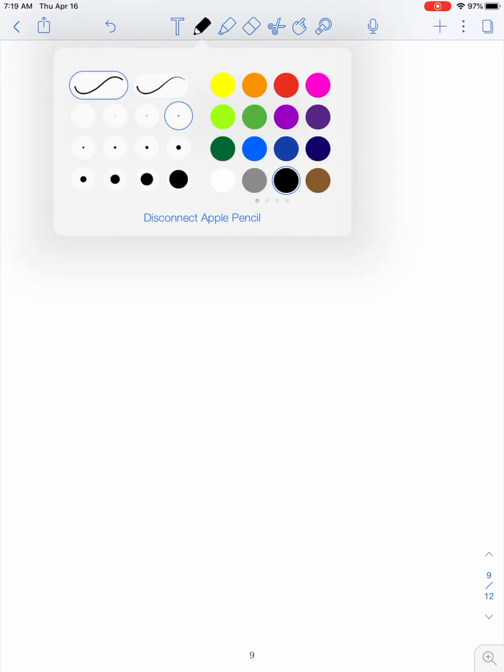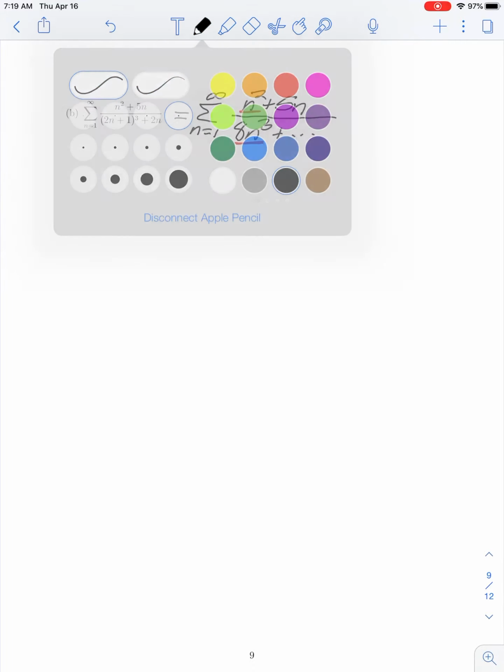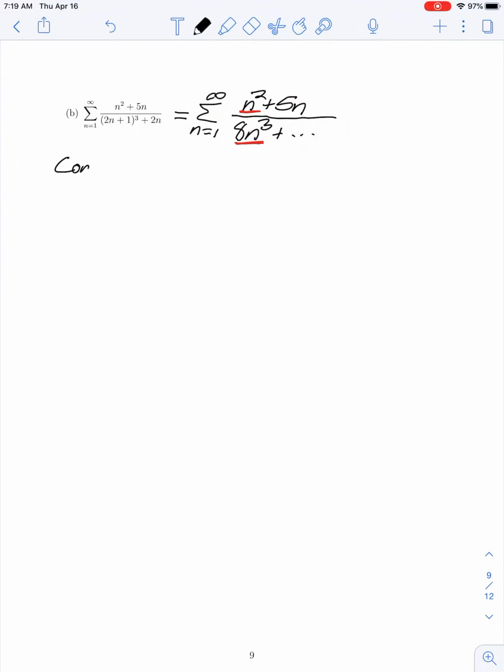So looking at the ratio of the highest power on top and bottom, we have n squared over 8n cubed. So n squared over n cubed would be 1 over n to the first. So let's compare with the sum from 1 to infinity of 1 over n to the first power. That is the harmonic series, which we know diverges.